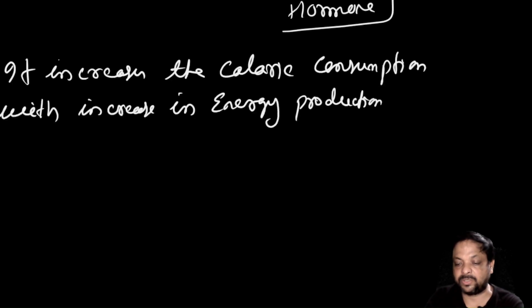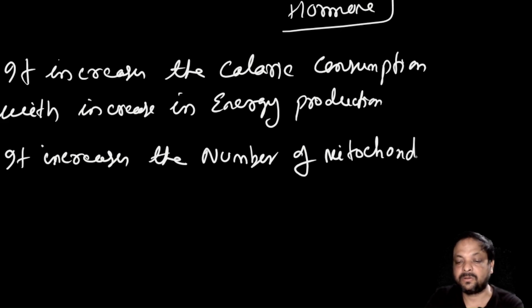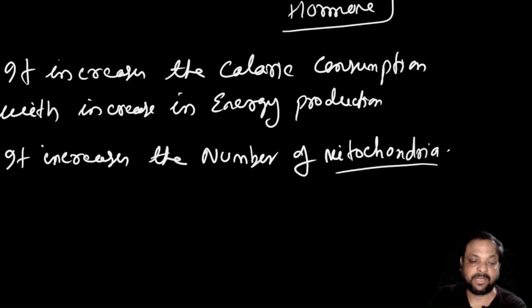So this hormone also helps in increasing the BMR. Simultaneously it increases the number of mitochondria. If mitochondria increase, definitely energy will increase.